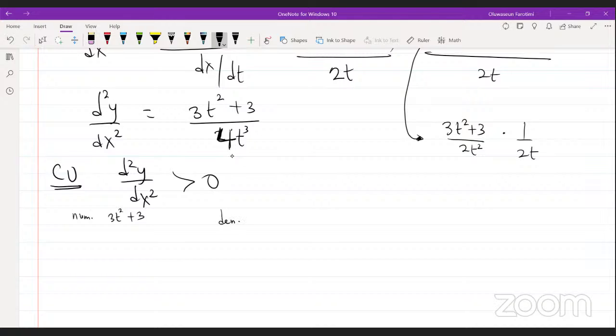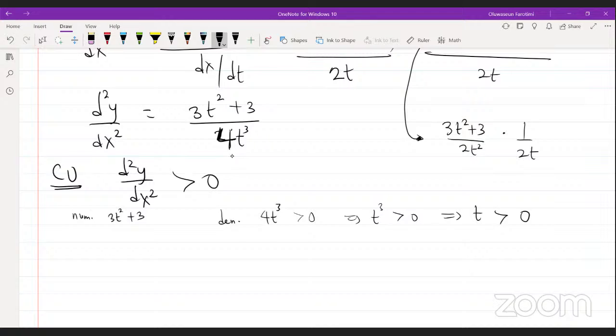The denominator is 4t cubed. If this is bigger than 0, that means t cubed is bigger than 0, which means t has to be bigger than 0.